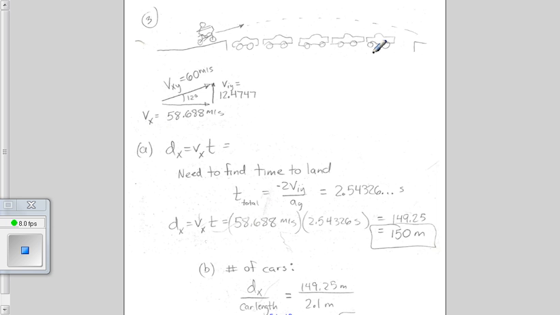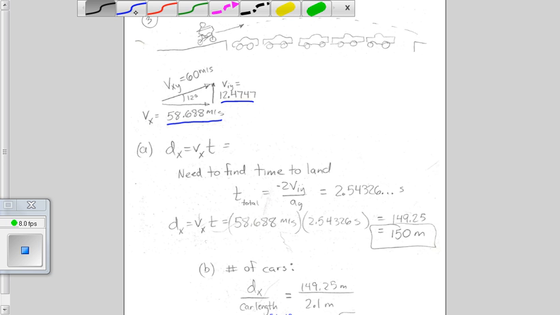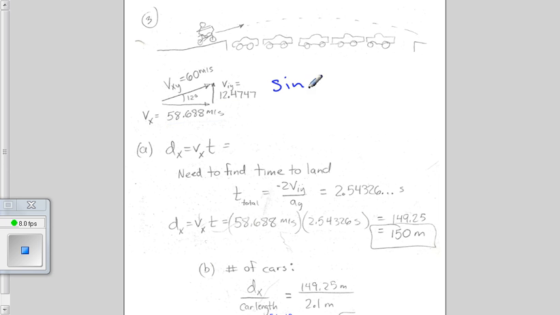Now, since the launch velocity is given as 60 meters per second and a launch angle of 12 degrees is given, the very first thing that has to be done is to break that Vxy into its components, how much speed is up and how much speed is out. Recall that in order to find Viy, it's the sine of the launch angle multiplied by the initial velocity in the xy direction.